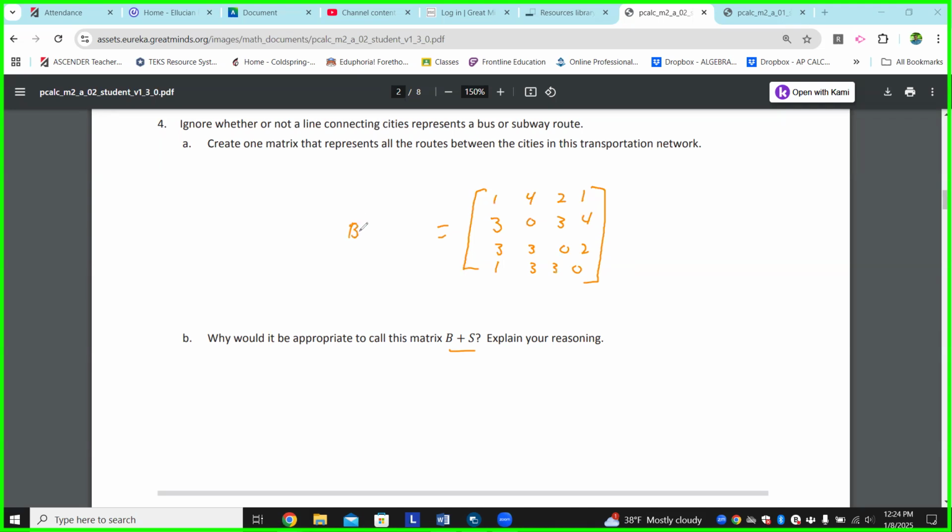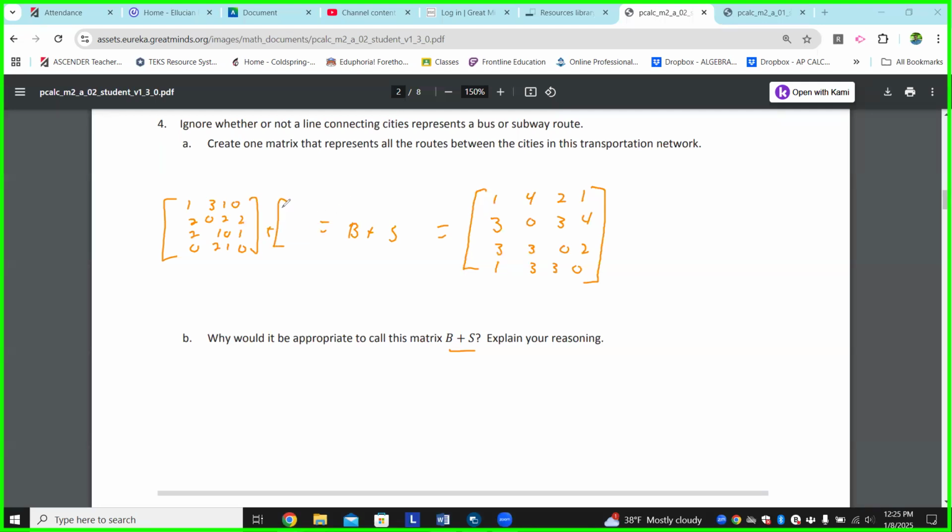This is in fact the same thing as B plus S, which in this case would have been 1, 3, 1, 0; 2, 0, 2, 2; 2, 1, 0, 1; and 0, 2, 1, 0.